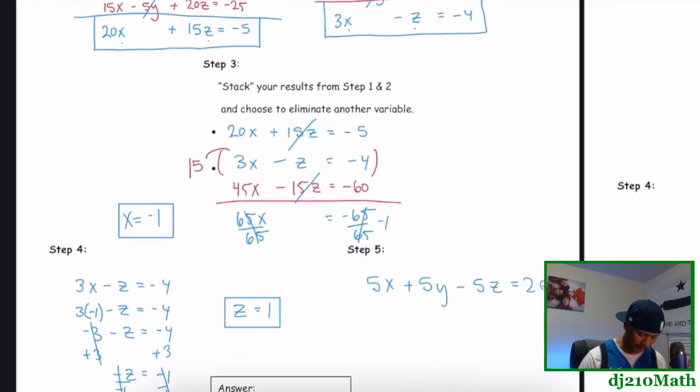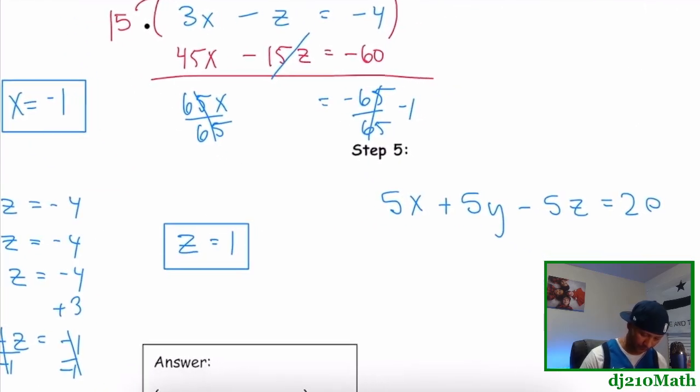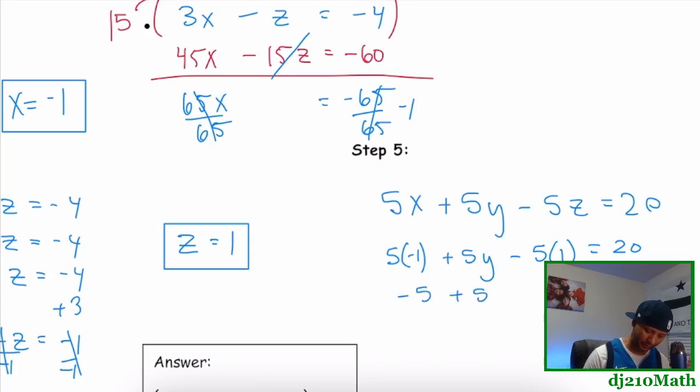So when I plug in x and z, so negative 1 and 1: 5 times negative 1 plus 5y, what we're looking for, minus 5 times z, which is 1, is equal to 20. So this is negative 5 plus 5y minus 5 equal to 20.